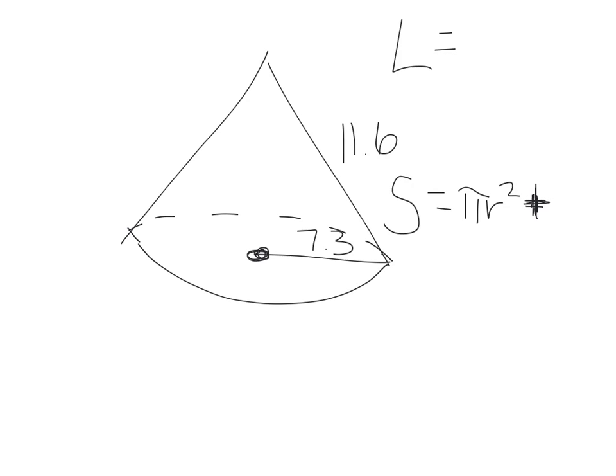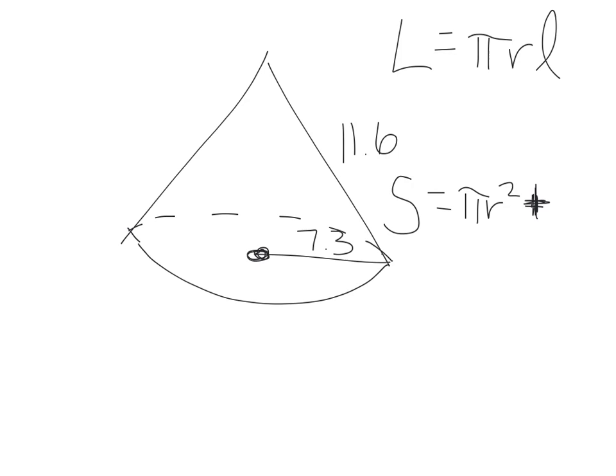So for the lateral surface area, it's pi times r times L. So just pi times the radius times the slant height, which in a cone is just the distance up the side. They're all a slant height.